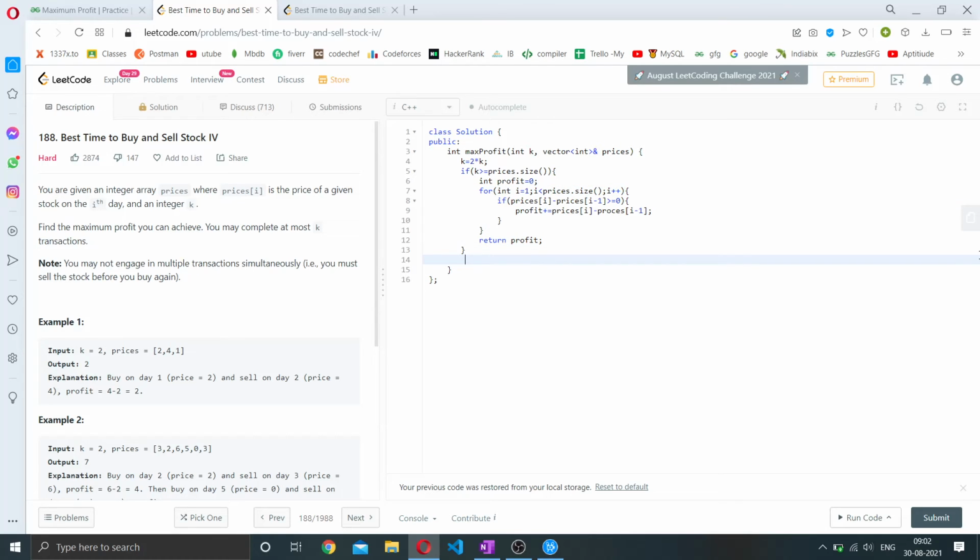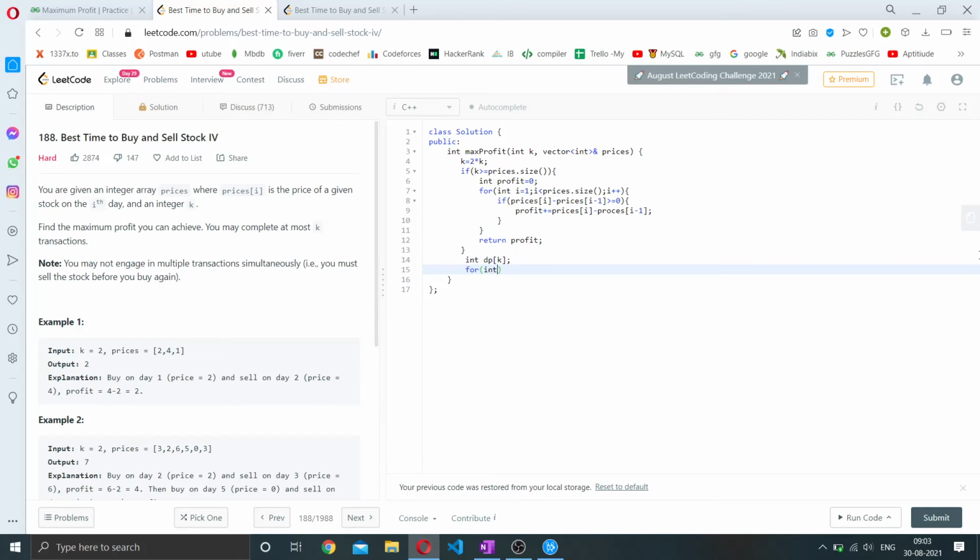And else if the transactions are less than the size of the prices, then we have to make a dp array of states, that will be dp of k. The even state shows we have to buy the stock, and the odd state shows we have to sell the stock.